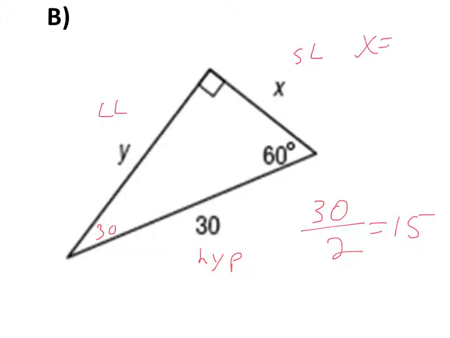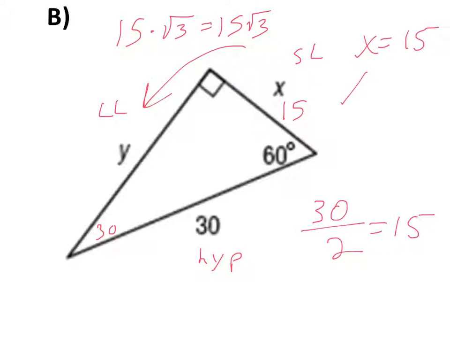So x equals 15. And if we know that this short leg is 15, we can find the long leg by taking 15 and multiplying times radical 3, which is 15 radical 3. If you need to pause that and slow that down or look at that again, go for it.